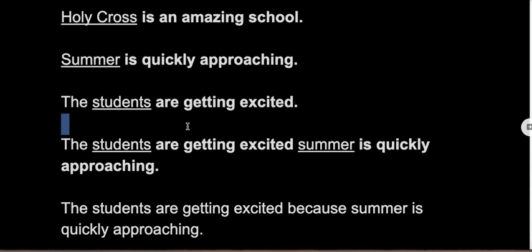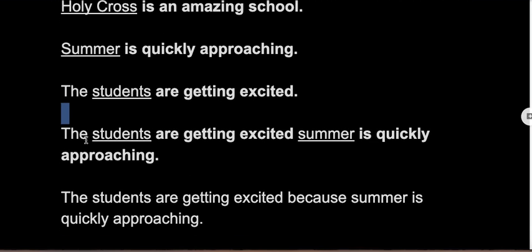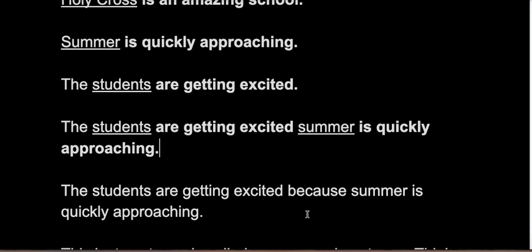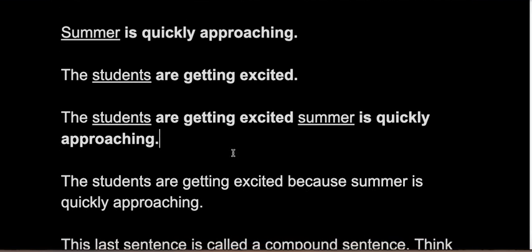Now let's look at our first error. The students are getting excited. Summer is quickly approaching. This is where I kind of go, oh, because we have two sentences just squished together here. Now, if we look at the next example, you'll see how these ideas are separated.